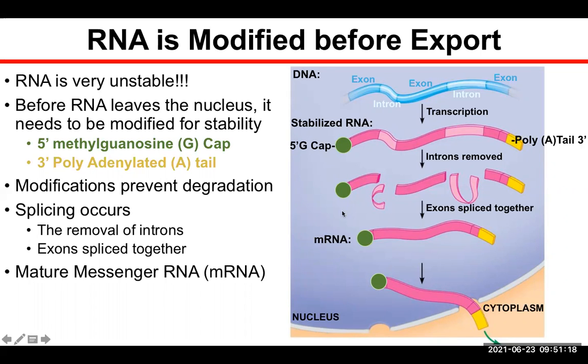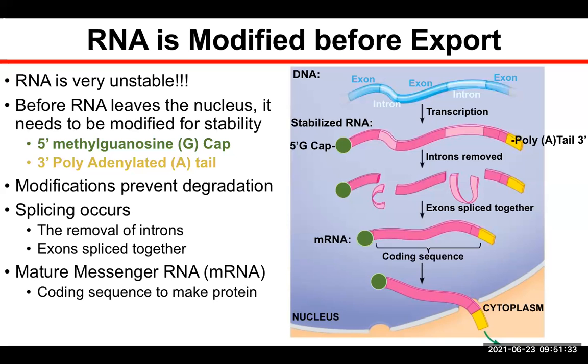Once all of this occurs, so this 5' cap, this polyadenylated tail, the introns are removed and the exons are stuck together, you now have a mature messenger RNA. And this can now leave the nucleus safely. Again, these exons are going to be what encodes for the protein.